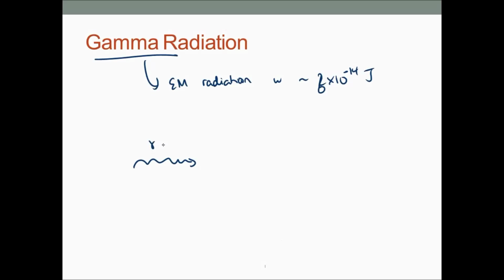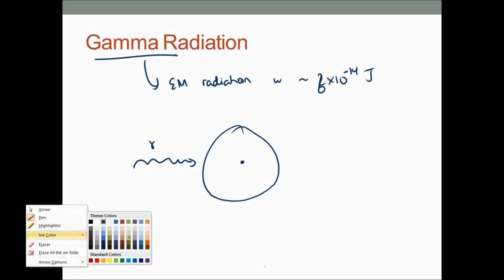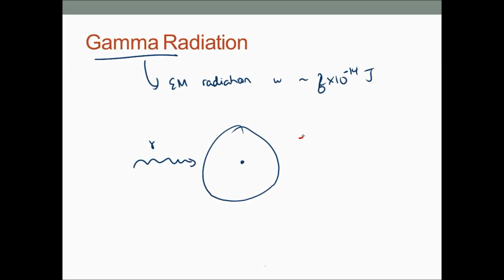So this is my gamma radiation, and I've got my atom or molecule here, and it turns out that the energy required to remove an electron from an atom is about 2 times 10 to the minus 18 joules, at least for a hydrogen atom.